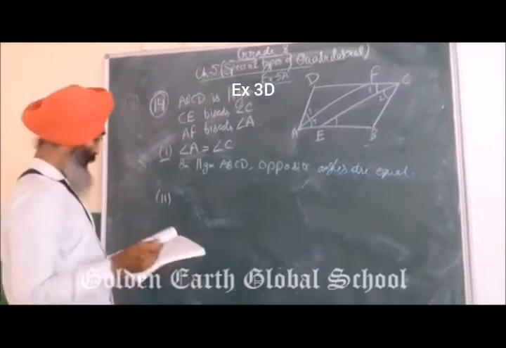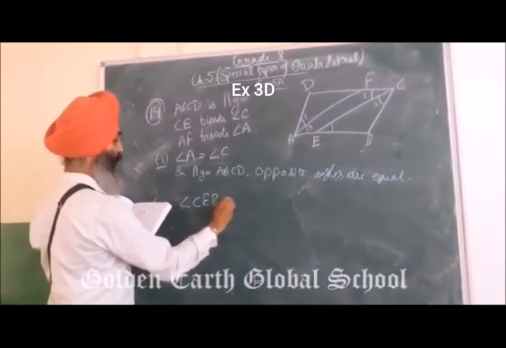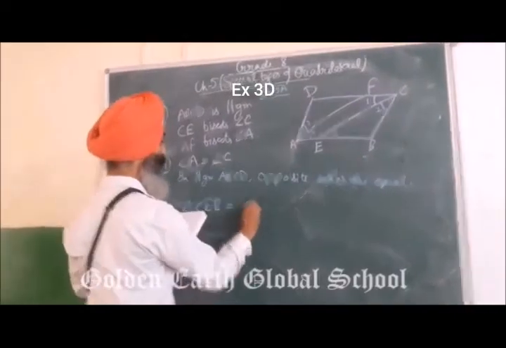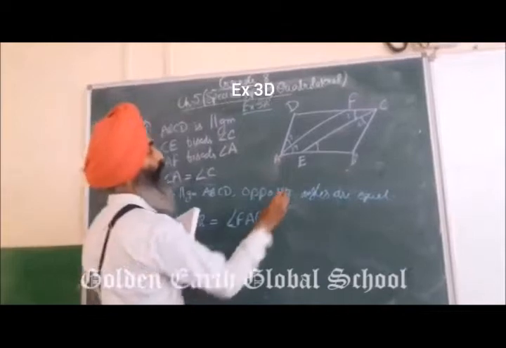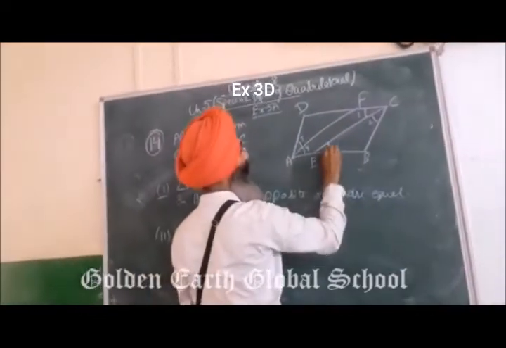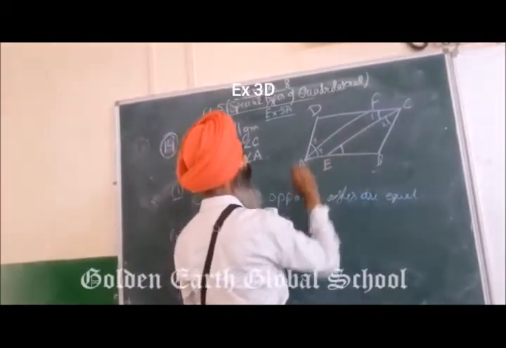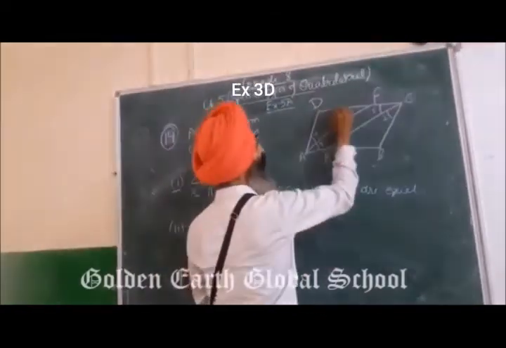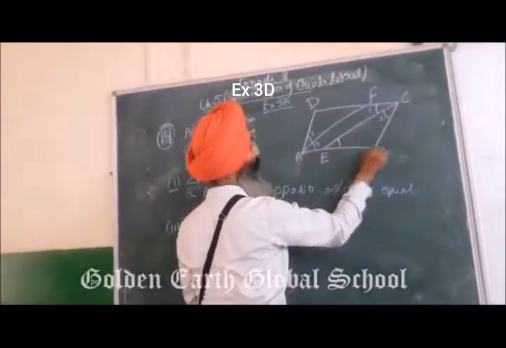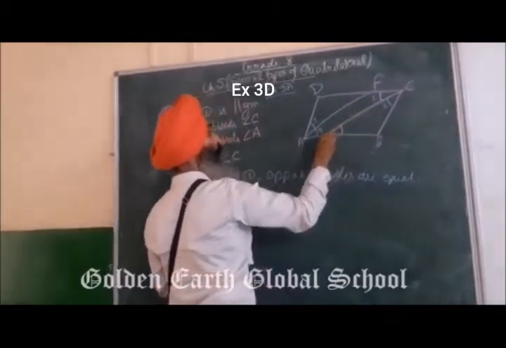Second है angle CEB is equal to angle FAB. ये एंगल है FAB। सो CEB ये वाला एंगल इसके इक्वल है FAB के। तो इट मींस, अब ध्यान से देखो, this is angle 1 and these are parallel lines, okay everyone, and this is a transversal line between parallel line.